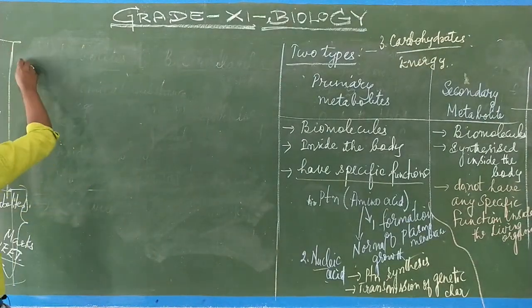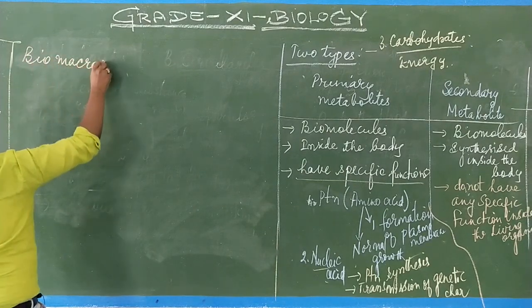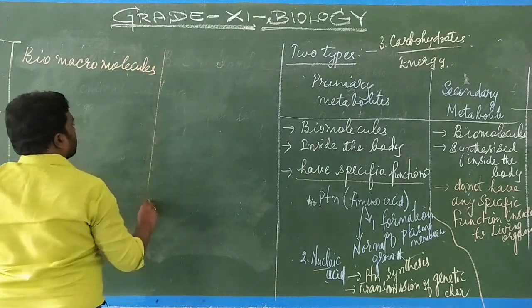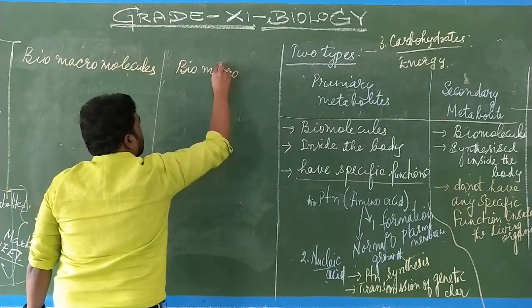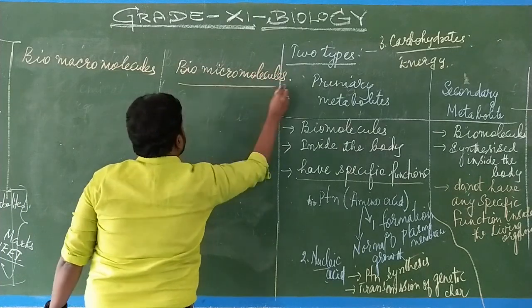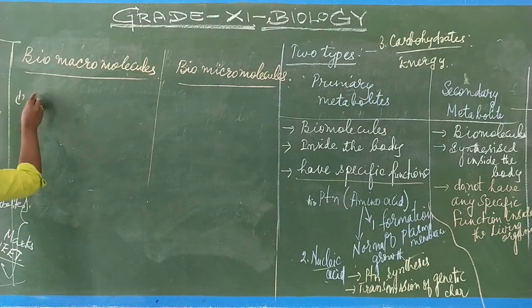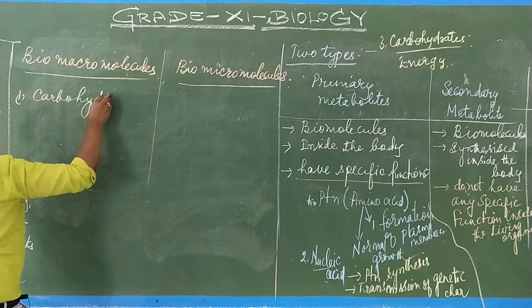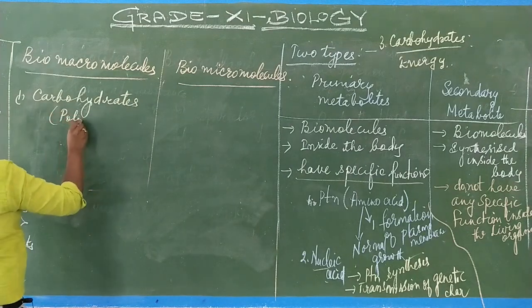Now you see, biomacromolecules. First we take carbohydrates, which is a polysaccharide.